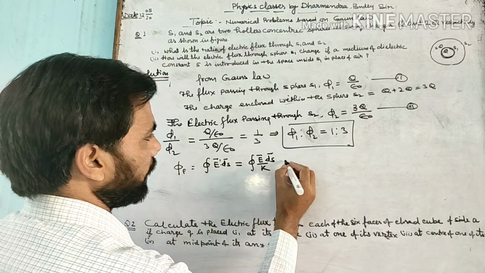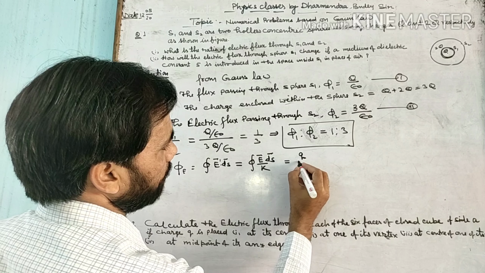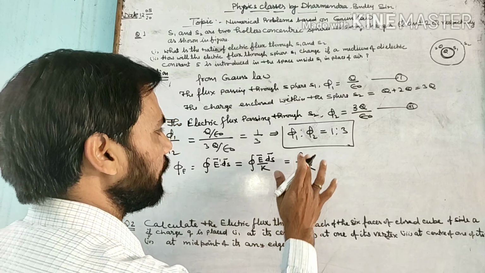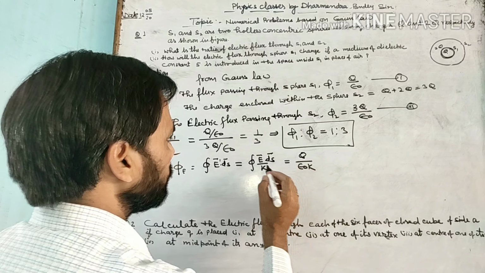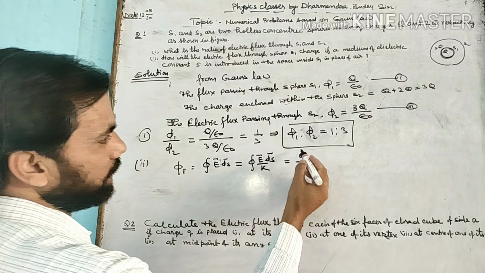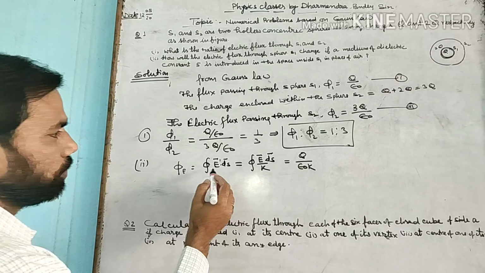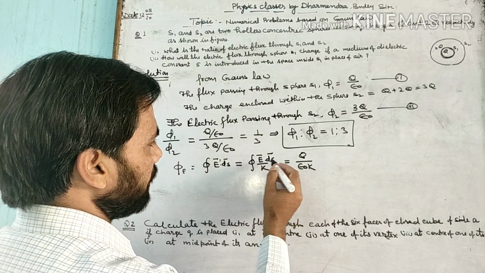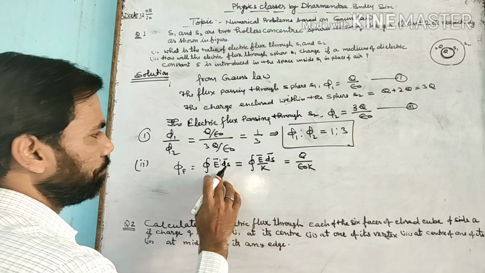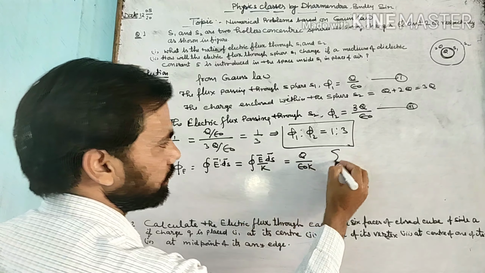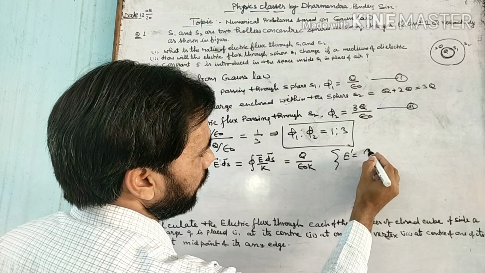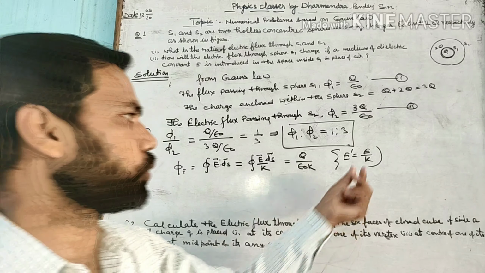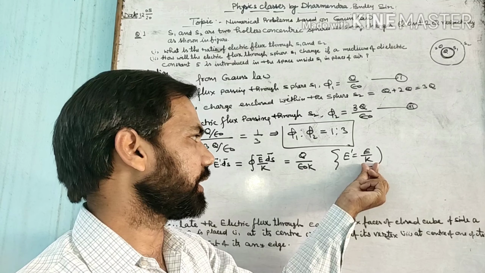So phi E can be written as, rather than Q upon epsilon 0, Q upon epsilon 0 k. Since E dot ds can be written as Q upon epsilon 0, E dash dot ds can be written simply as E upon k. Here E dash is equal to E upon k. As you know, the electric field is inversely proportional to the dielectric constant.